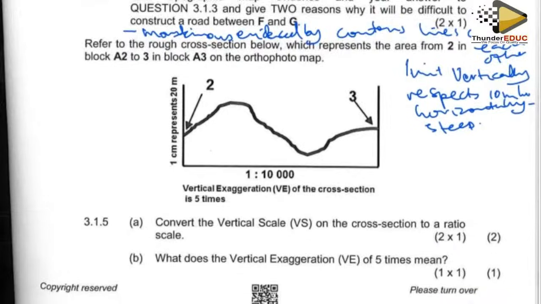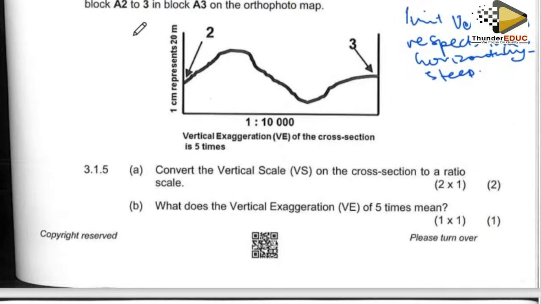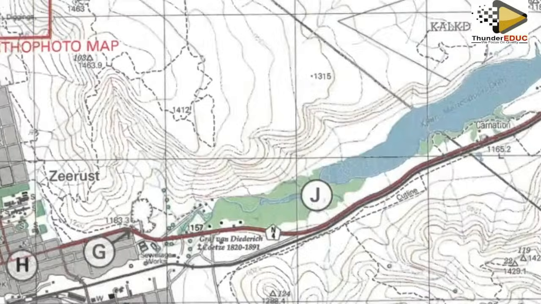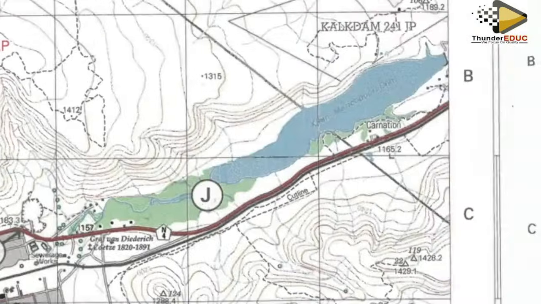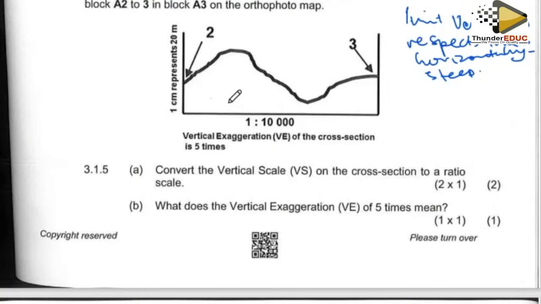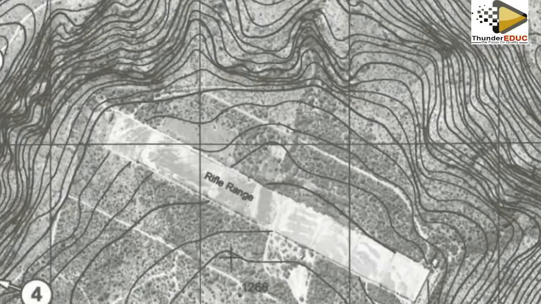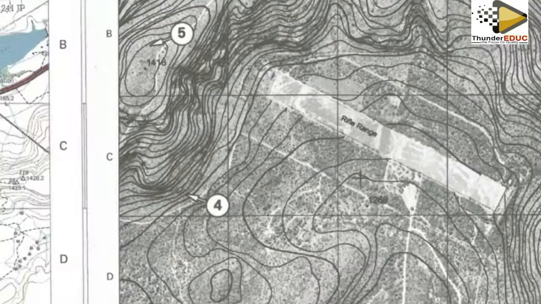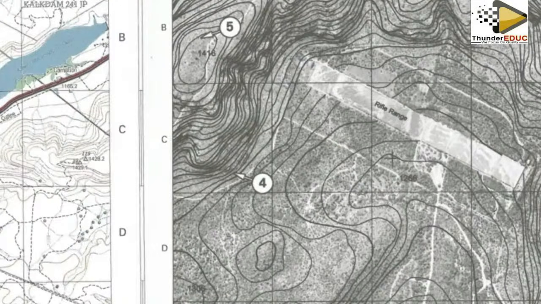So it becomes difficult for you to construct a road where it is steep based on the answer given. Okay. Wow, sharp. Let's proceed now. Refer to the rough cross-section that is between 2 in block A2 and 3 in block on the orthophoto map. We come here. Let's look at our orthophoto map. They say it is between 2 and 3.